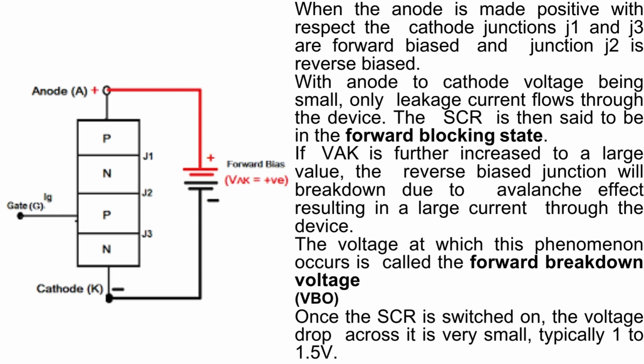If VAK is further increased to a large value, the reverse biased junction will break down due to avalanche effect, resulting in a large current through the device. The voltage at which this phenomenon occurs is called the forward breakdown voltage VBO. Once the SCR is switched on, the voltage drop across it is very small, typically 1 to 1.5 volts.